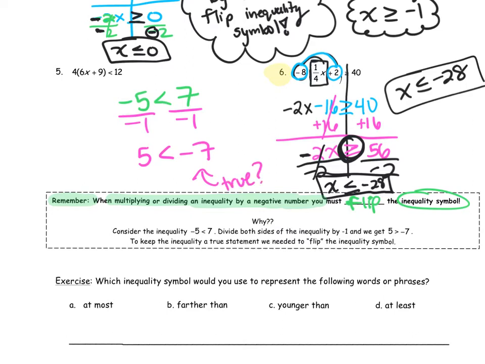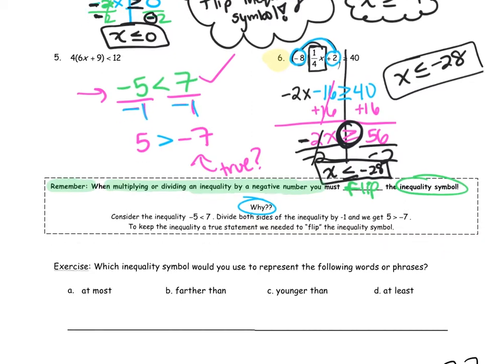No. So this is just an example as to why we actually flip the inequality symbol. Okay, so I started off with negative 5 is less than 7. That's a true statement. Divided it here by this negative 1, and I was left with this. 5 is less than negative 7, which we said can't be true, which is why we flip the inequality symbol. Okay, so that's just an explanation as to why, for those of you at home that were wondering.